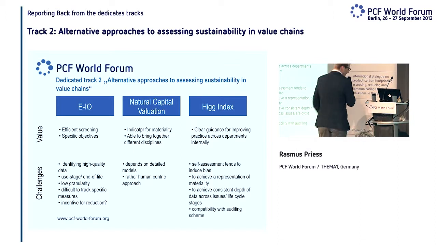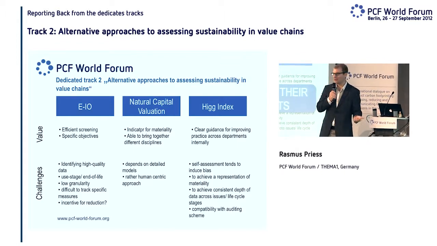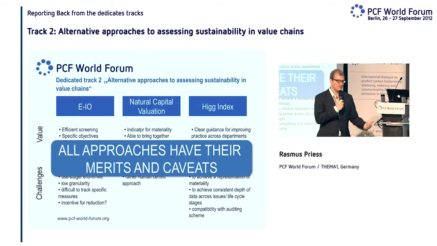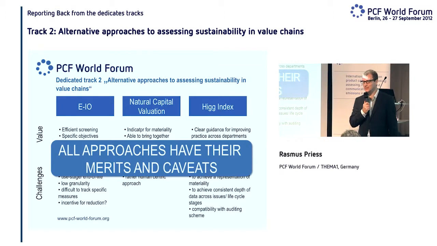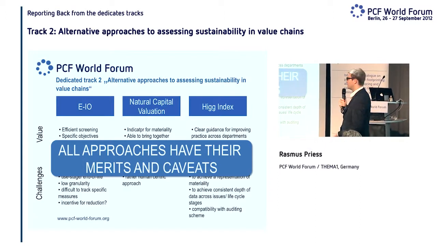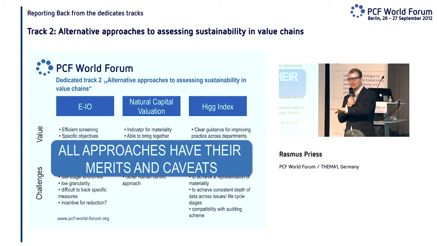So the main insight that I took, or like Matthias Finkbeiner summarized it for us yesterday, and I think he's very right, I think not a new insight, but I think it's very good to take it into account. Because in the group also, the discussion was immediately going, oh, this approach will not work, so the other one is better.